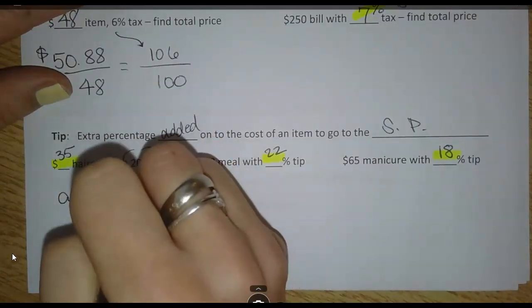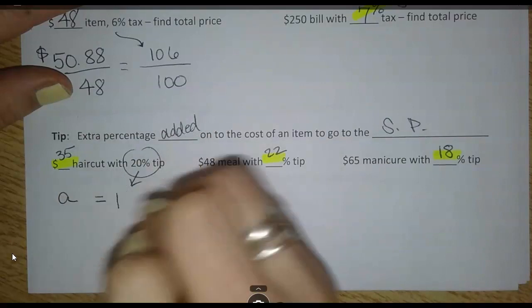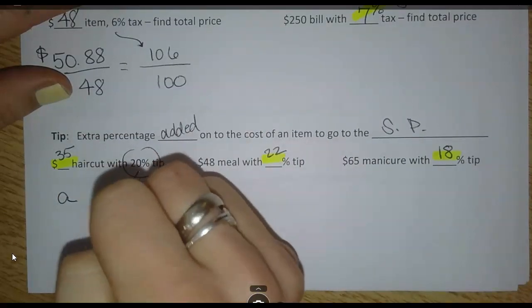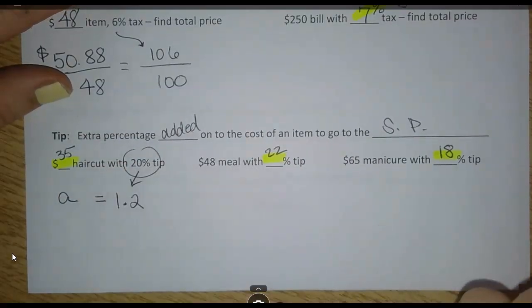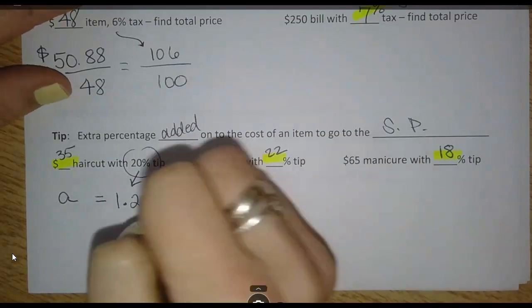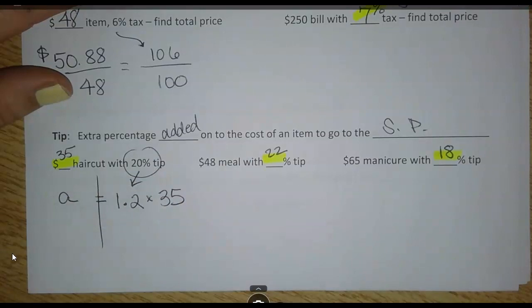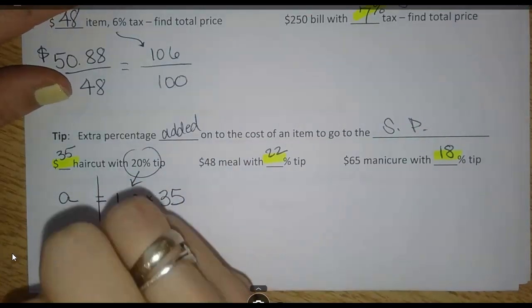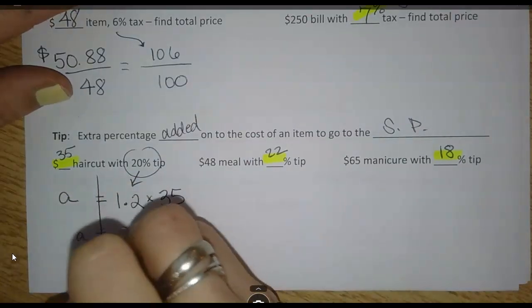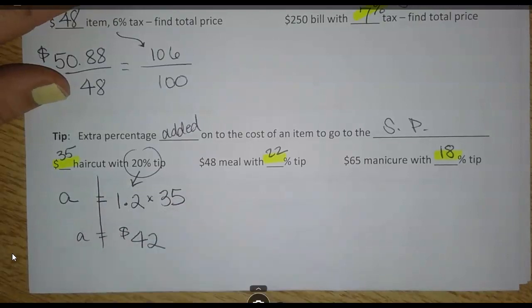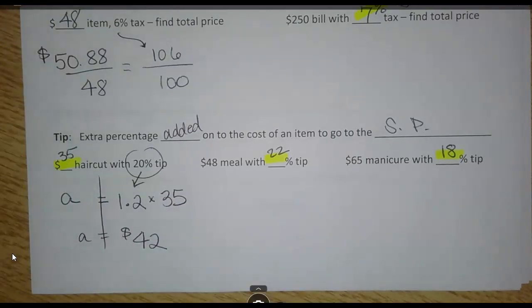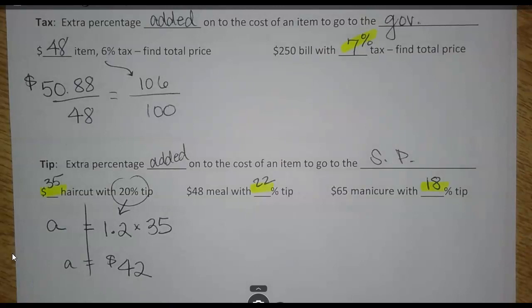And if I pay 20% tip, or I add on 20% tip, that means I'm actually paying for 120% of the $35. So when I type that into my calculator, I get that I would actually pay $42 for my haircut when I add that tip in.